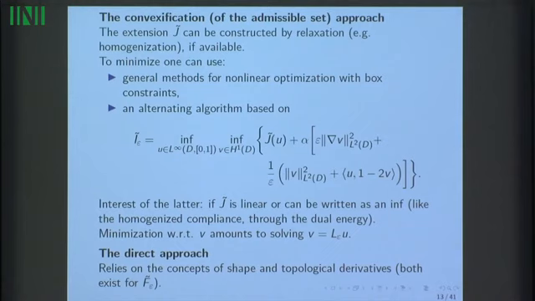So in the first case, one question which arises is how to extend the cost function, which is at the beginning defined on domains. You have to extend it to functions, to densities. So the natural way to do that is by relaxation, if you can. But it's not obligatory to do that. It's natural, but in the theory, it's not required.